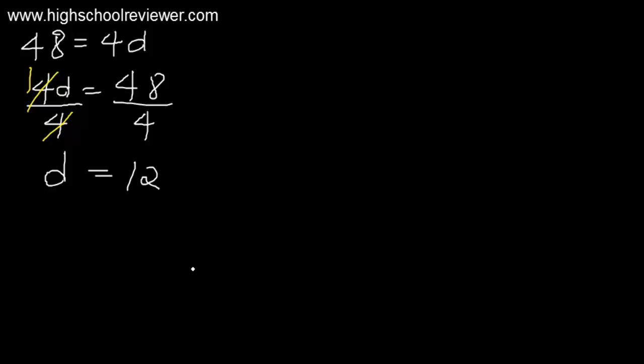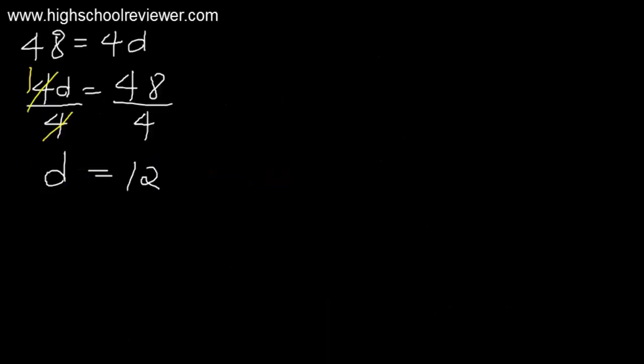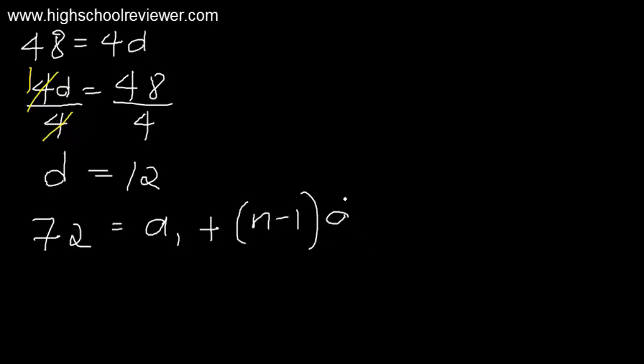Now, to find a sub 1, we can use either the formula for a sub 6 or a sub 10. Let us use the formula for a sub 6. So we are going to use this formula to find a sub 1. The formula here is positive 72 is equal to a sub 1 plus n minus 1 multiplied by d.